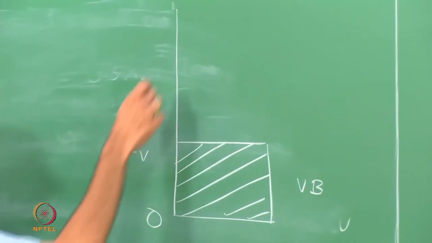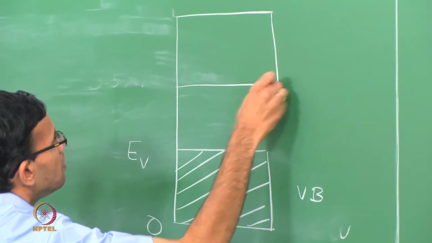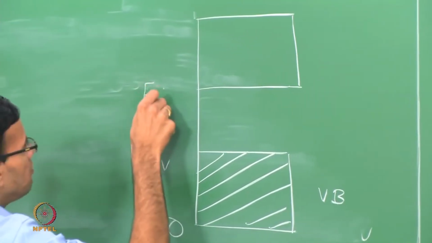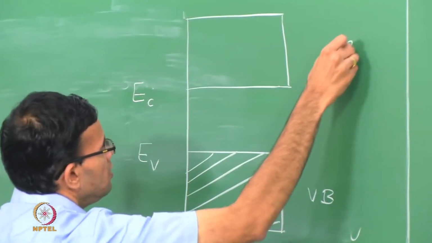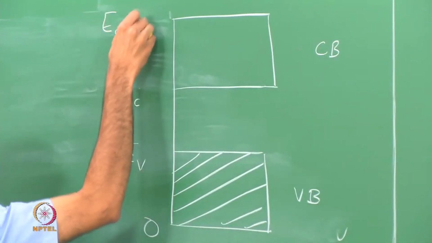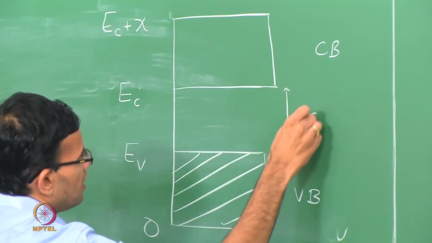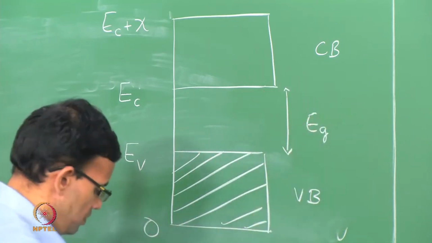Then we have a conduction band, the bottom of the conduction band is referenced as EC, and the top of the conduction band is EC plus chi, and this distance between valence and conduction band is EG.